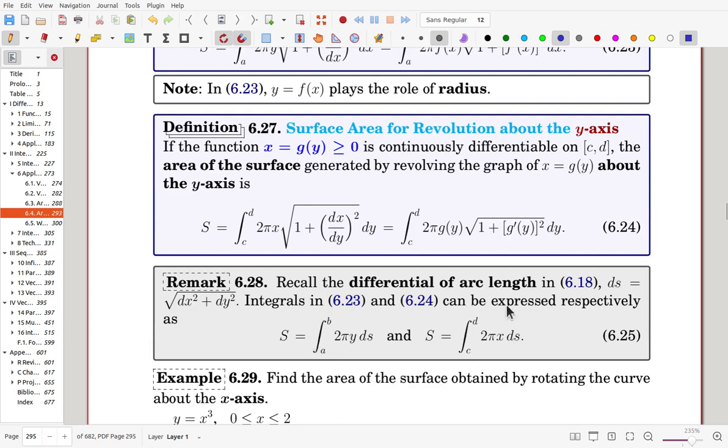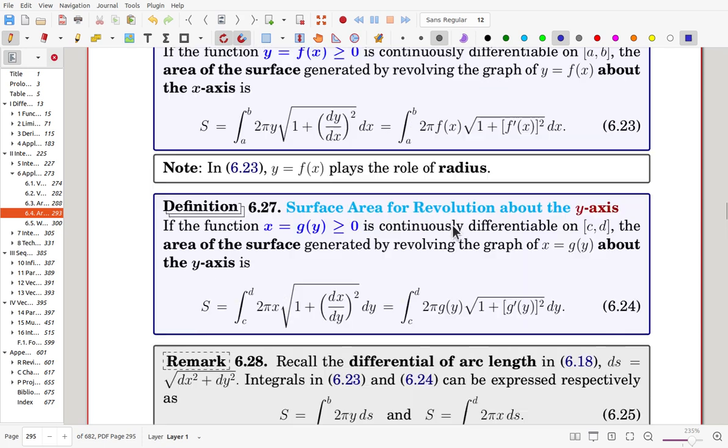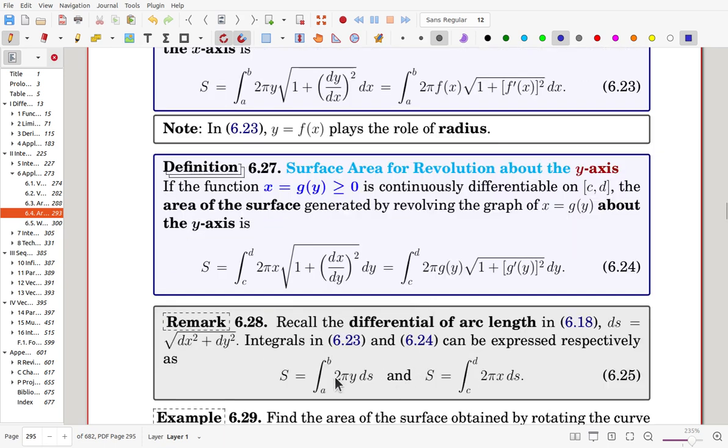Earlier you learned that the differential of arc length ds is square root of dx squared plus dy squared, so the integrals in these two equations can be written in this way.